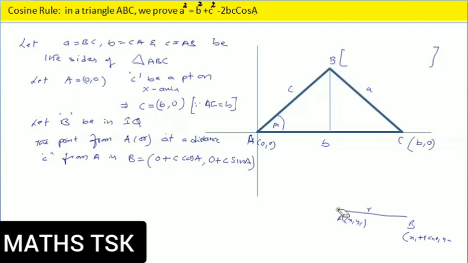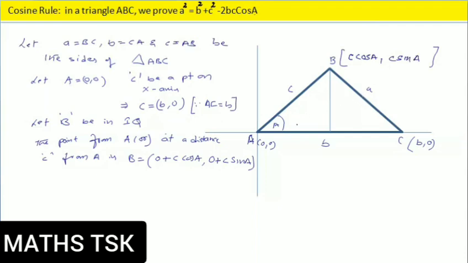So here we are taking in first quadrant. I write it as 0 plus c cos A, 0 plus c sin A. So the coordinates of B is c cos A comma c sin A.